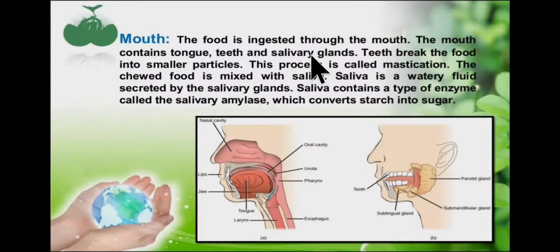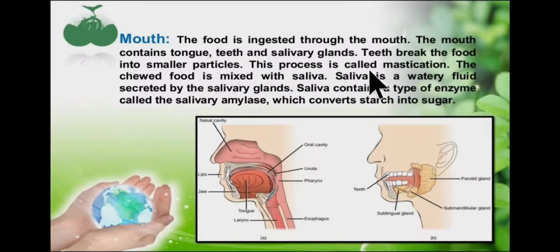Now let's go into a deeper explanation of the digestive system in humans. It starts with the mouth. The food is taken through the mouth. The mouth contains the tongue, teeth and salivary glands. Teeth break the food into smaller particles.